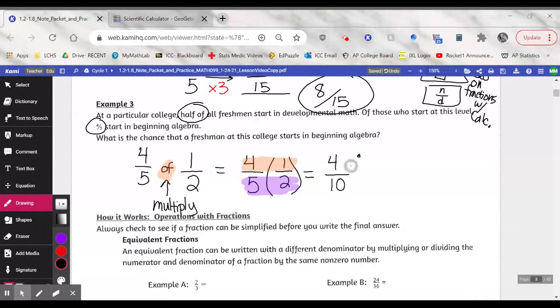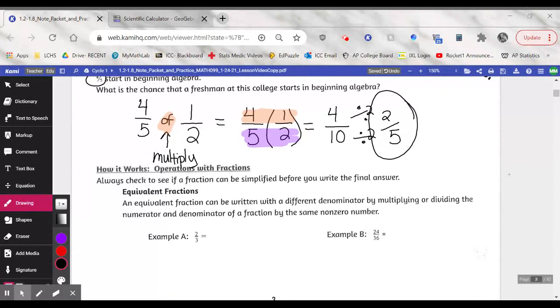It is the same as 2 over 5, and we would divide by 2. Sorry, I forgot to write the 2. So there is a 2 in 5 chance that a freshman at this college would start in beginning algebra.